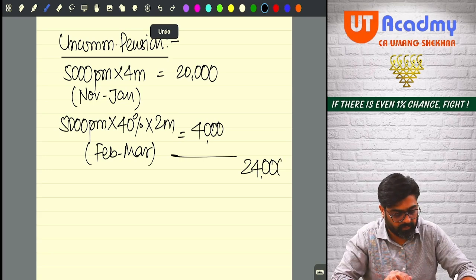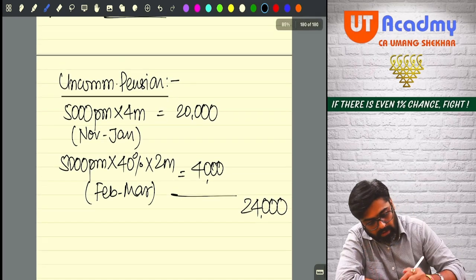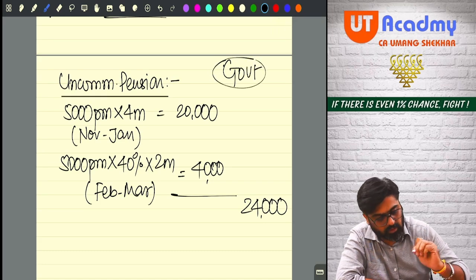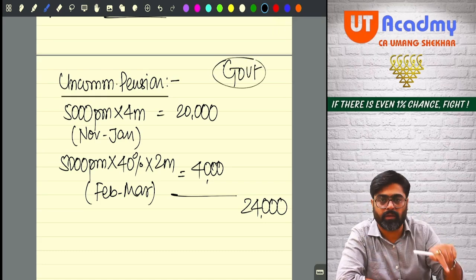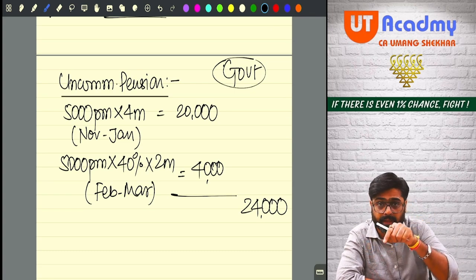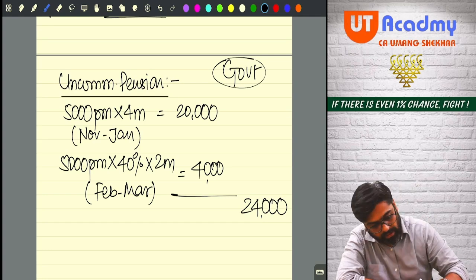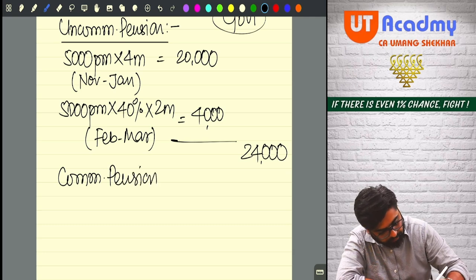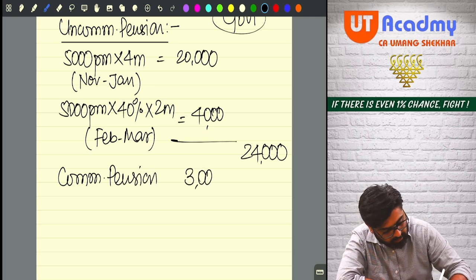This will be taxable. Now, if we assume that he is a government employee, this is fully taxable. But he is a government employee getting the commuted pension also, so I will have to write down the commuted pension, which he took, 3 lakh rupees.